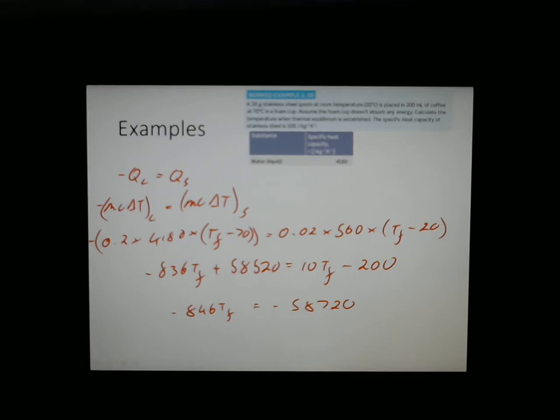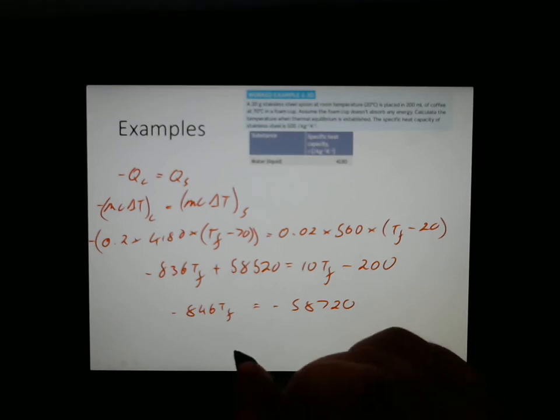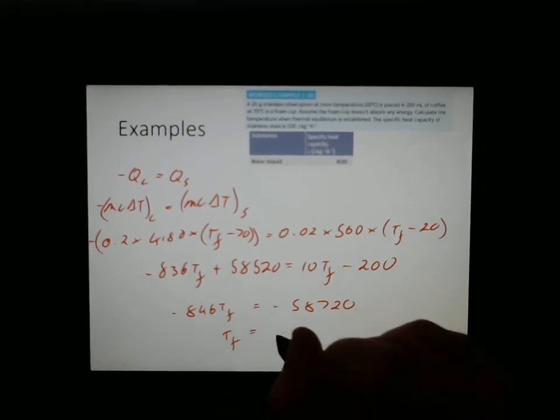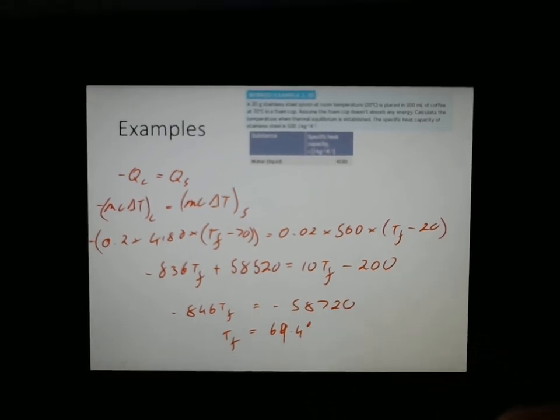The negatives don't matter, as I said, because negative on both sides cancels. 58720 divided by 846 gives us an answer of 69.4 degrees. TF equals 69.4 degrees.